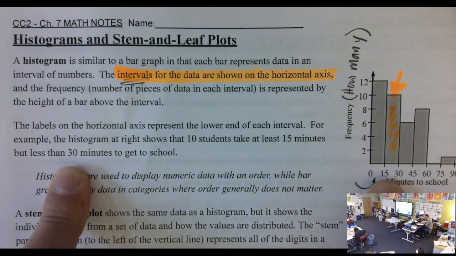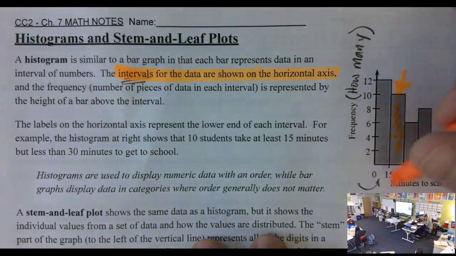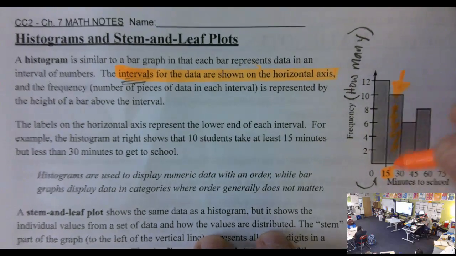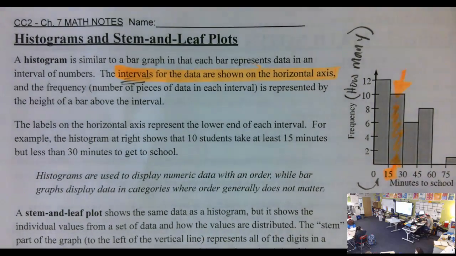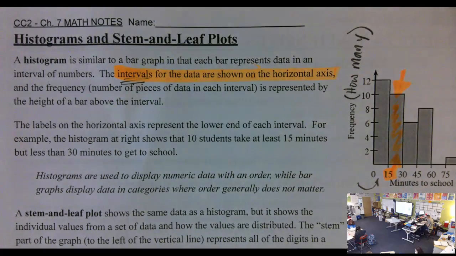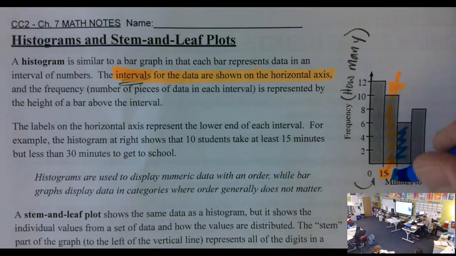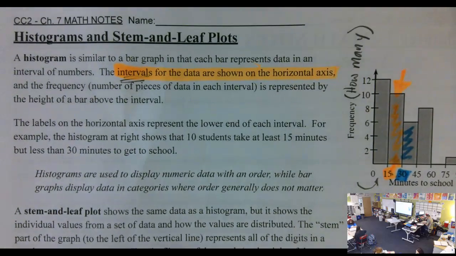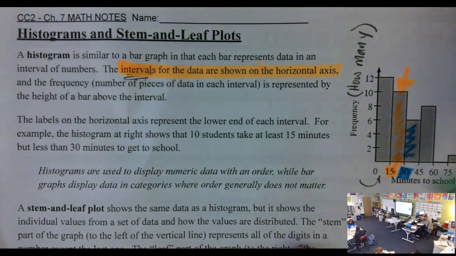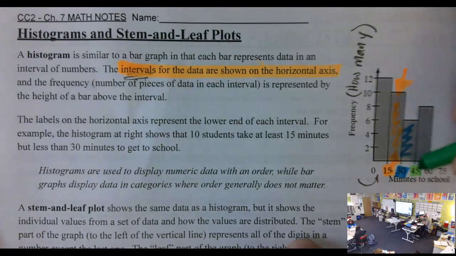So the 15 is included in this bin, right up here, but the 30 is not. It will be included in the next bin. So the 30 will go up to the next bin. The 45 will go up to the next one.